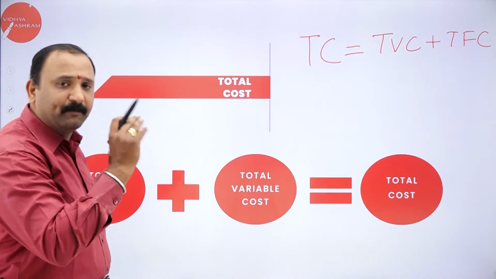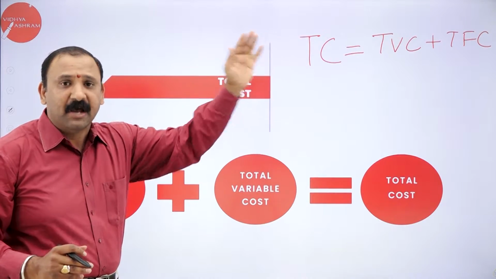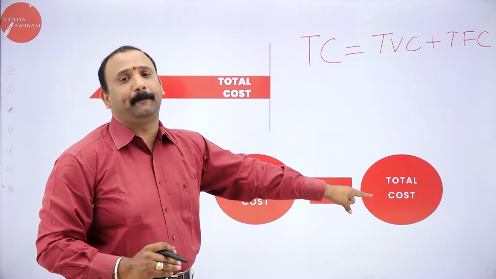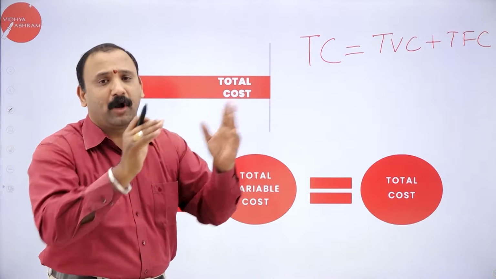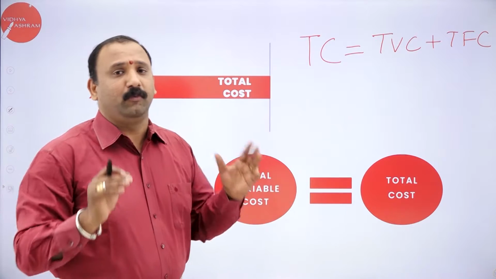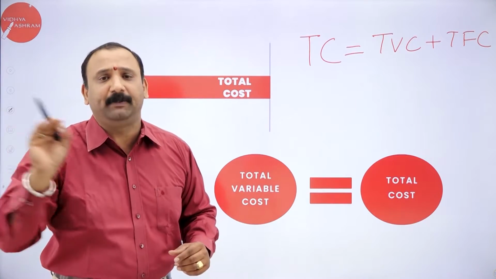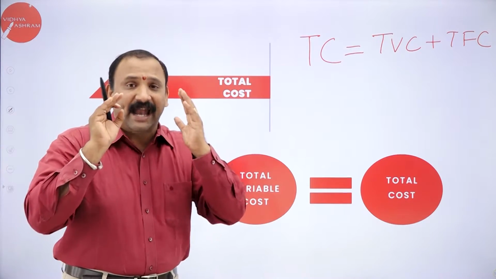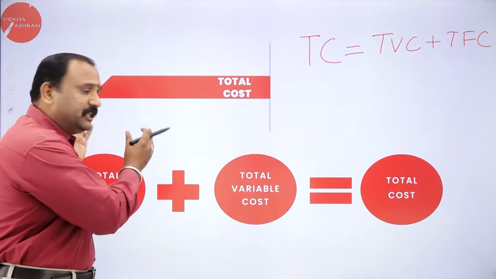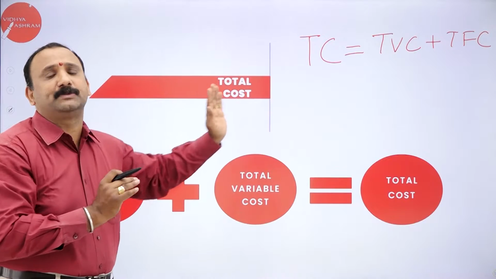So whenever we are manufacturing, we will keep in mind all the fixed factors plus all the variable factors, and then finally put in a price for the finished product, and that final price will be the total cost. So whenever a product comes to the market and we say it is MRP, maximum retail price, that MRP, when you translate it in economics, is nothing but the mixture of fixed cost plus variable cost put together.